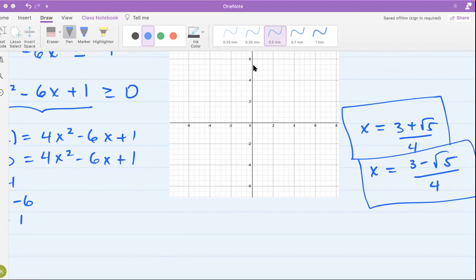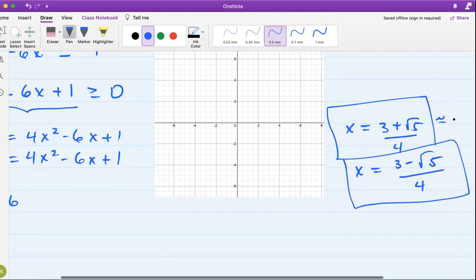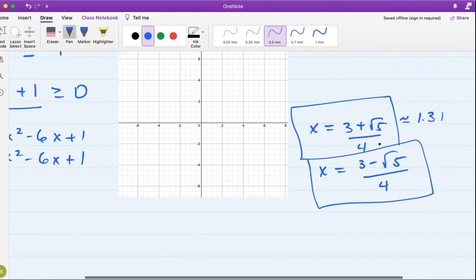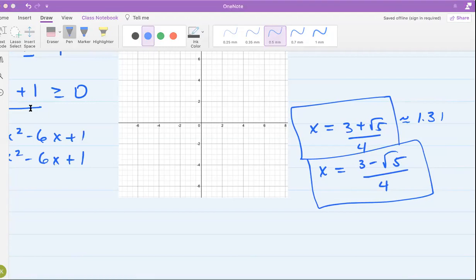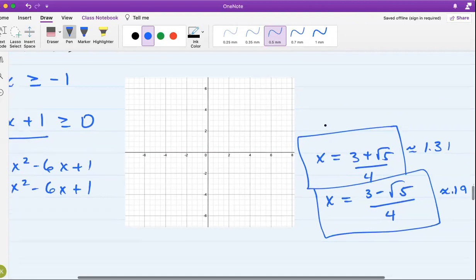It says it's about 1.31. And let's plug the other one into the calculator and see what that is. It's about 0.19. That's about what that is.